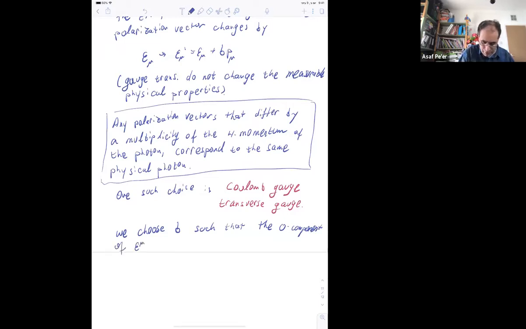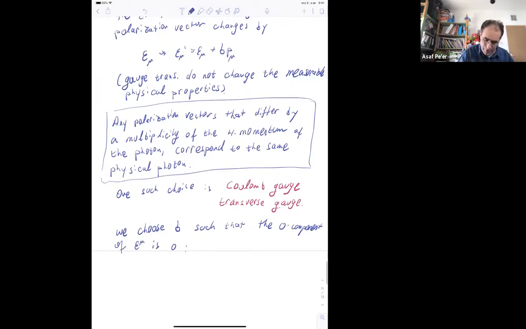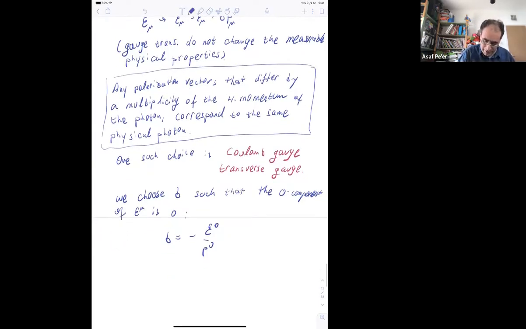So b is simply minus ε^0 over p^0. That's known as the Coulomb gauge, or transverse gauge. That, of course, automatically leads to A^0 being 0, because ε^0 is 0.